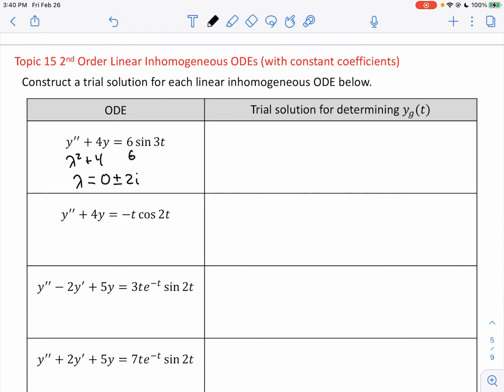You could write it as 6e to the 0t times sine 3t. And the 0 matches the 0. So that part matches, but the 3 and the 2 don't match. So we don't have perfect matching of our a and b in our forcing function with the a and b of our roots of the characteristic polynomial. Part of it matches, the zeros match, but not the 2 and 3.